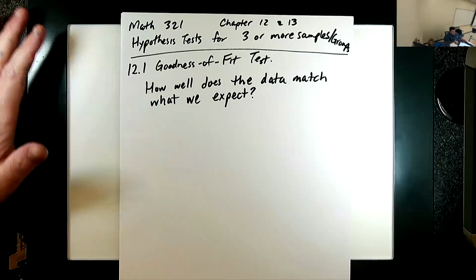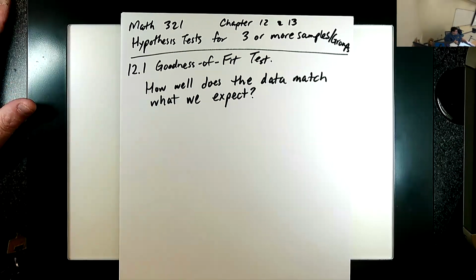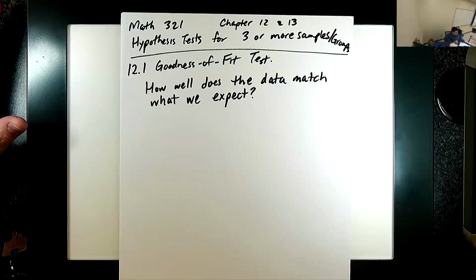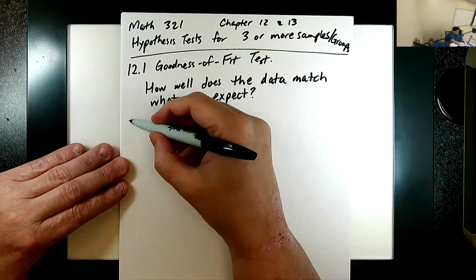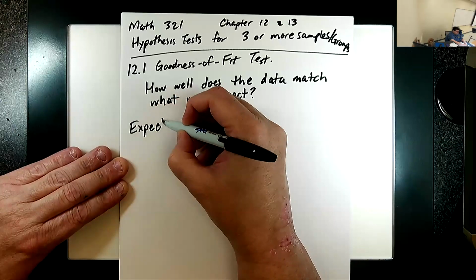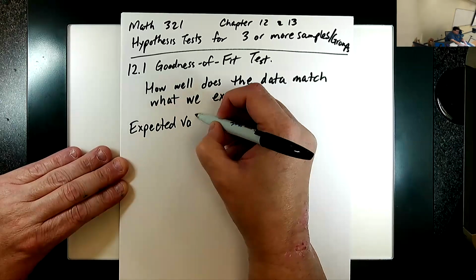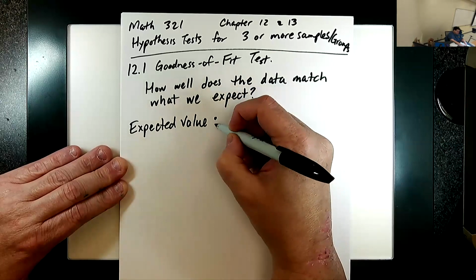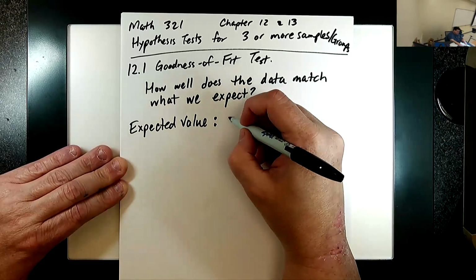This is a section that you're probably going to have to use a calculator for. If they don't give you the expected value, you have to calculate it. If they don't give it to you, they'll give you a percentage. The expected value for any individual group is n times p.